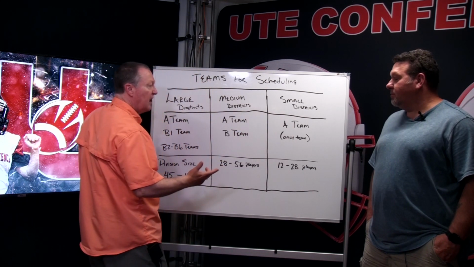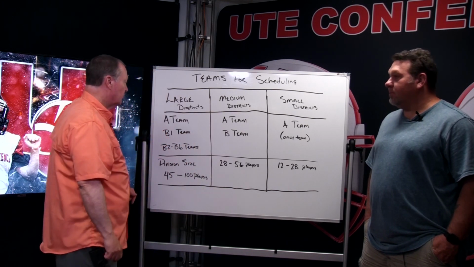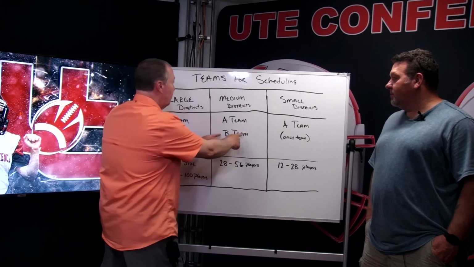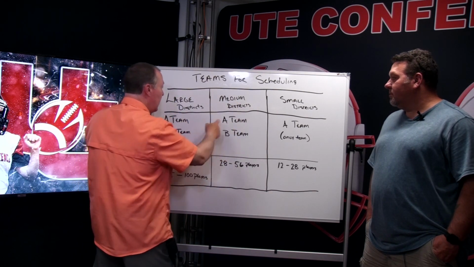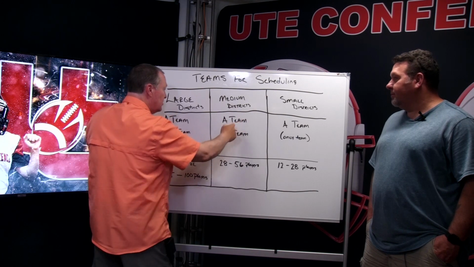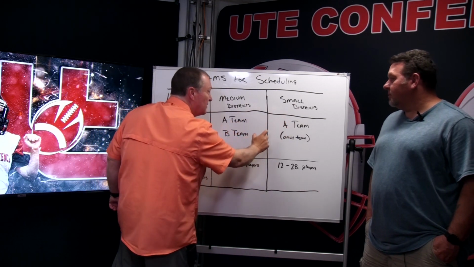And occasionally it doesn't happen, but that B1 team can contend with those. But a B team from a medium district cannot contend with an A team in these two, but they can possibly contend in a really small district, possibly.